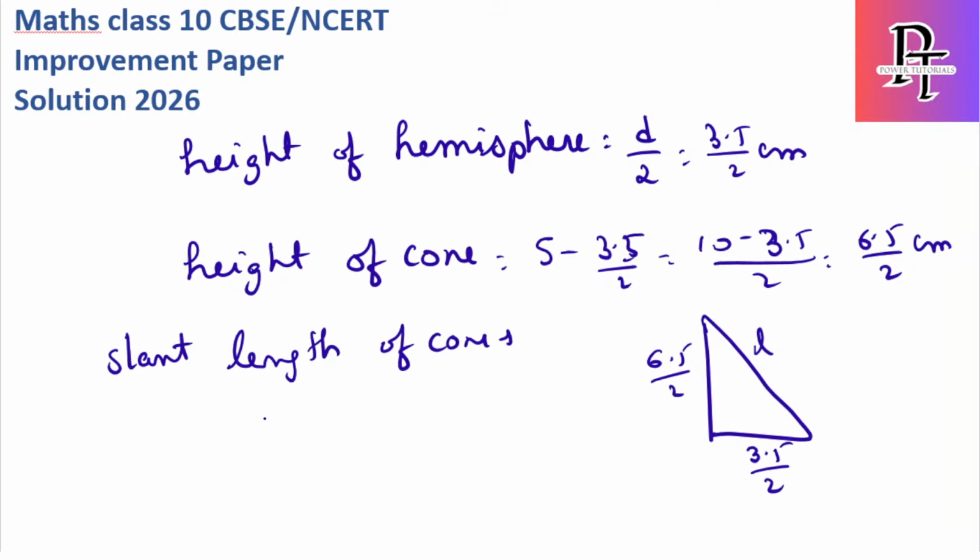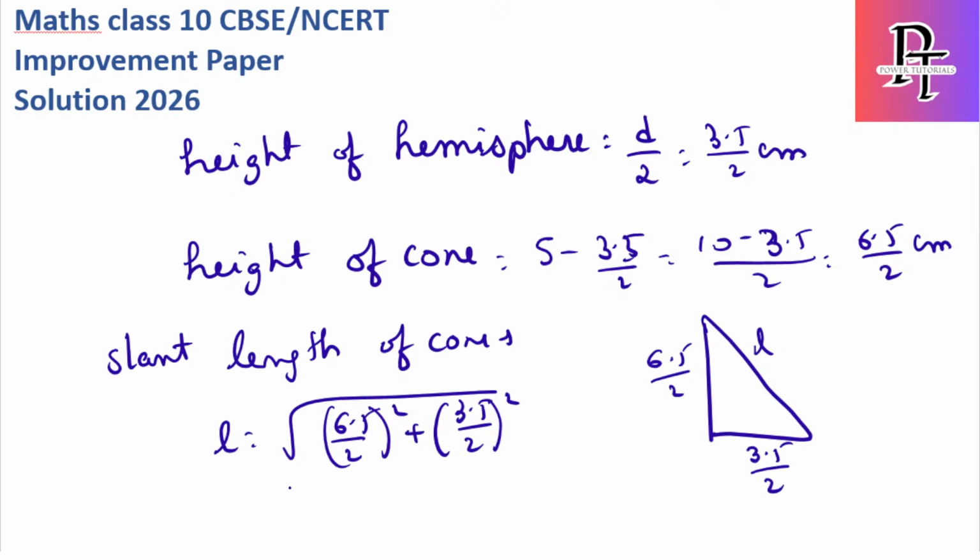You have to get the L value. So L is equal to root of 6.5 by 2 whole square plus 3.5 by 2 whole square. Taking the 2 outside, I will get root of 6.5 square plus 3.5 square. Let's get the values and squares of them.